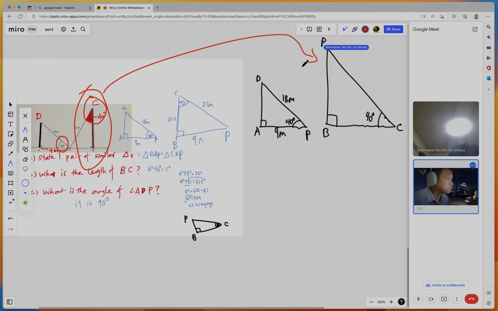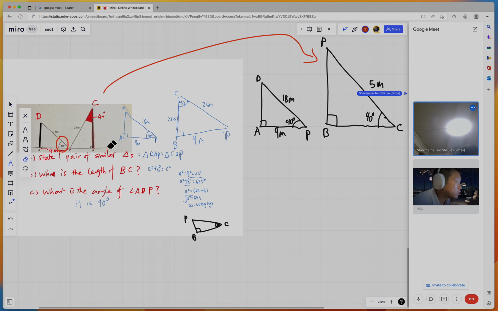Good. Then label. That one is 25, not 5. Okay, good. Now match the angle, match the line, and then solve.